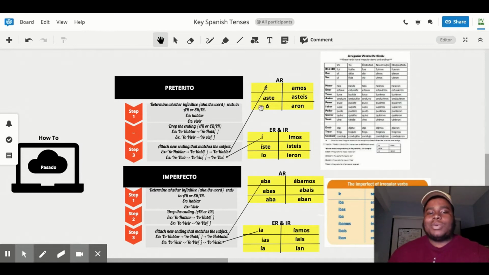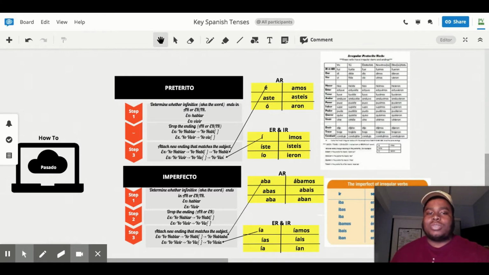Now, all we have to do is attach the corresponding ending. If you've seen any of the previous videos, this table tells you which one it goes to. The é with the accent is for yo. Aste is for tú, or you. Ó is for él, ella, usted: he, she, or you formally.